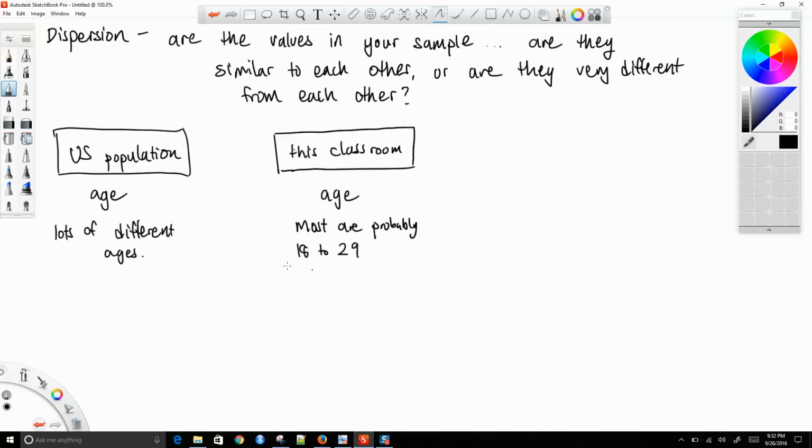This is much less variation than the U.S. population, where you can be basically from ages 0 to 100-ish. Most are probably 18 to 60 or whatever, a huge, large swath of people there. This classroom is something like that.